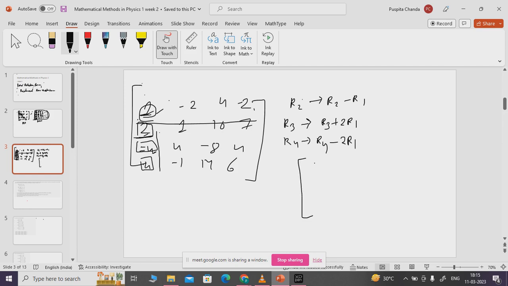Following this set of commands, we will get a matrix 2 minus 2 4 minus 2. It will be 0, 1 minus 2 will be 3. It will be 6, then 9, it will be 0, then 0, then 0, then 0, then 0, 3, 6, 10.